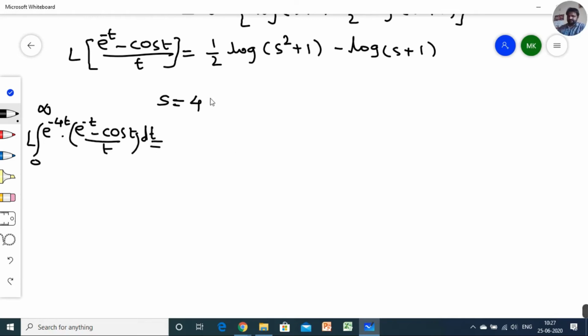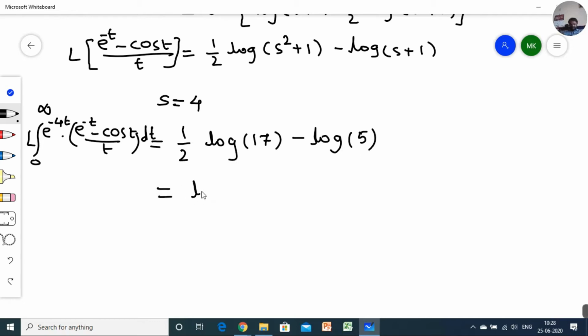Substituting s equal to 4, you will get 1 by 2 log of 4 square, which is 16 plus 1, 17, minus log of 5. You can take this result as it is, or transfer this value, so you get log of root 17 minus log of 5, because the power 1 by 2 comes here and raised to power half means root 17.